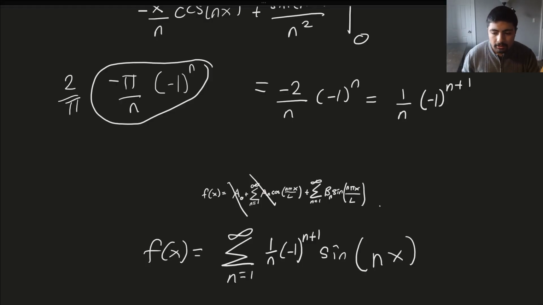Also, not to forget, we would have a 2 attached to it, because for b sub n we had a negative 2, and this should have been a 2 times 1 over n, so this 2 will also be a constant, and this will be the result of the Fourier series for x.